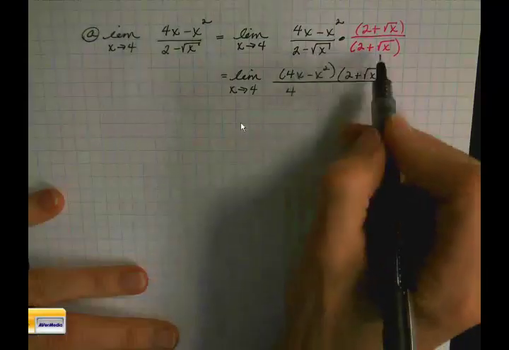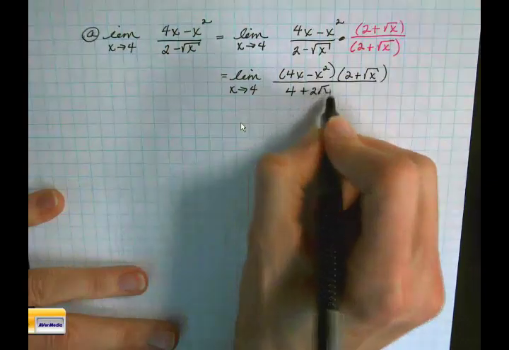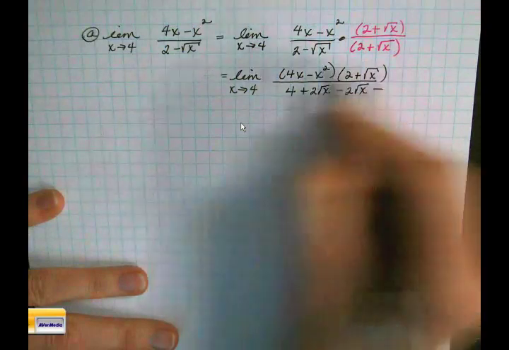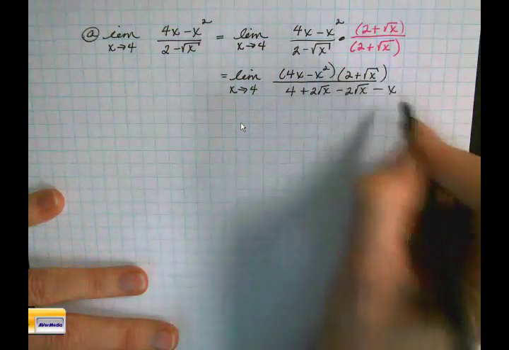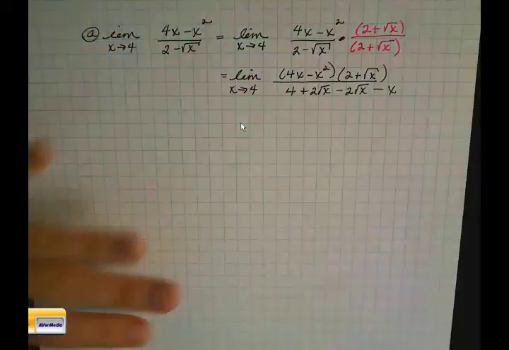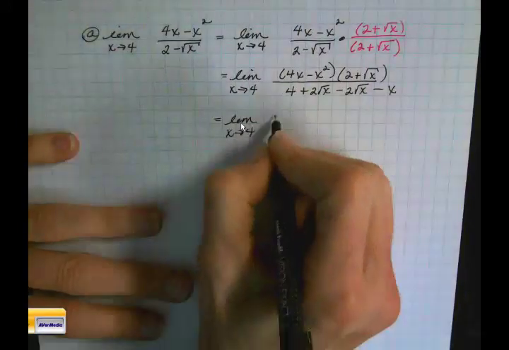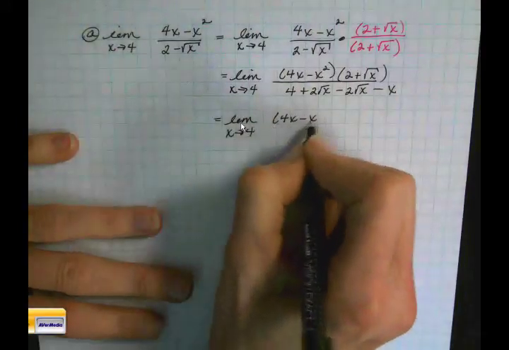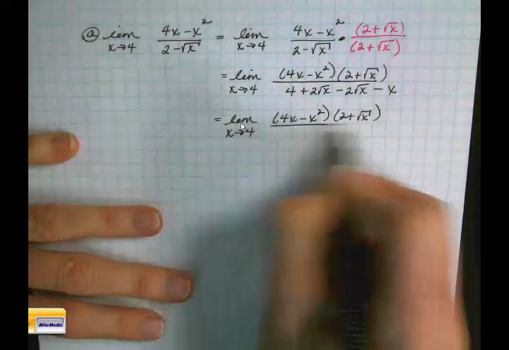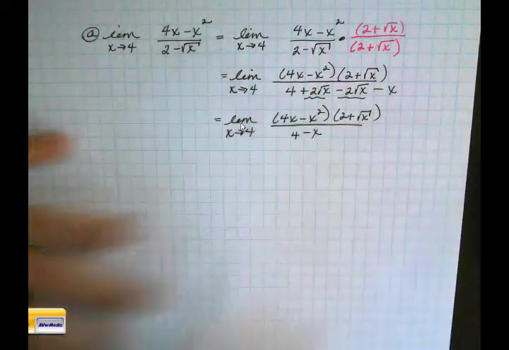And the last is a negative square root of x times the square root of x, which is x. That's FOIL, the whole distribution of the binomial times the binomial. So this is the limit as x is approaching 4 of 4x minus x squared times 2 plus the square root of x over 4, these terms 0 out, minus x.